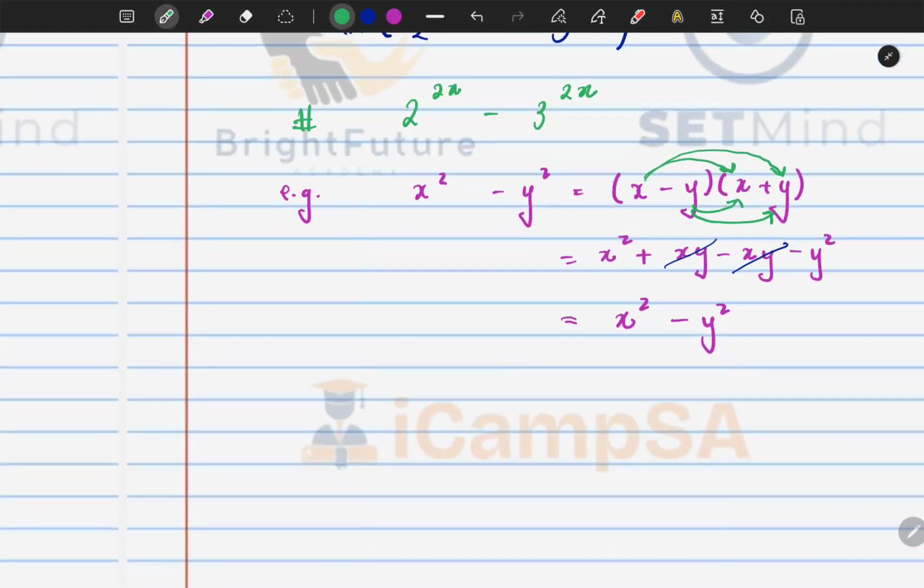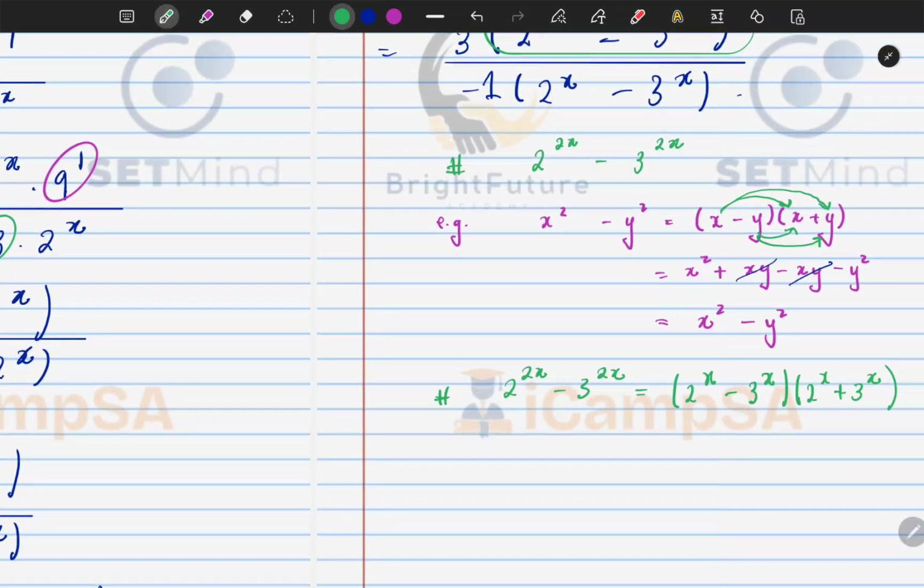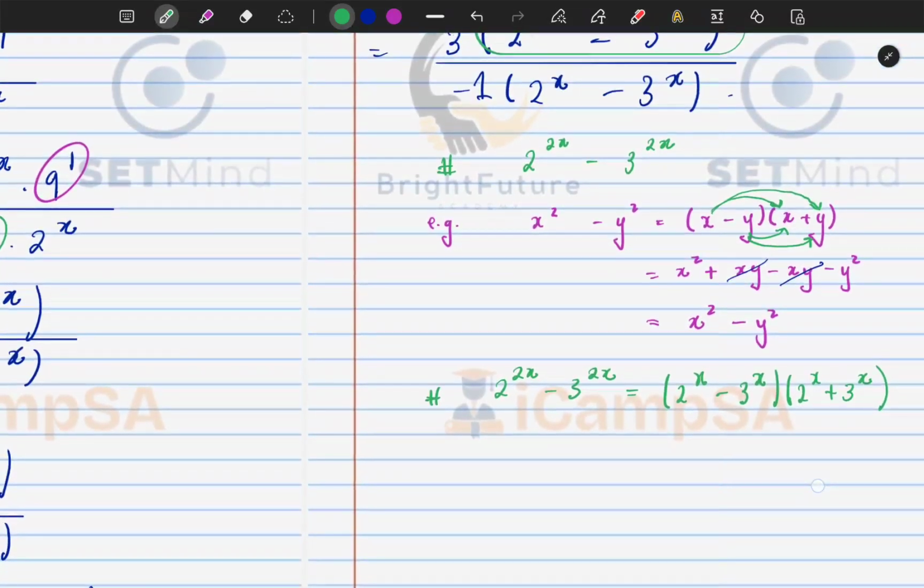So I can also write 2 to the power of 2x minus 3 to the power of 2x as 2 to the power of x minus 3 to the power of x into 2 to the power of x plus 3 to the power of x. When I multiply the brackets out, it's still going to give me the same thing.